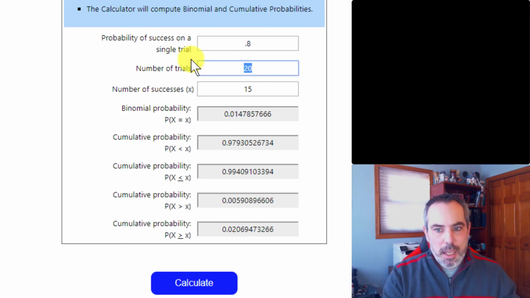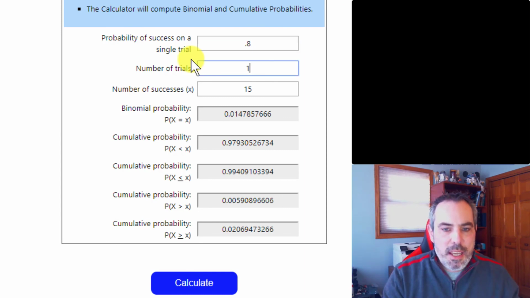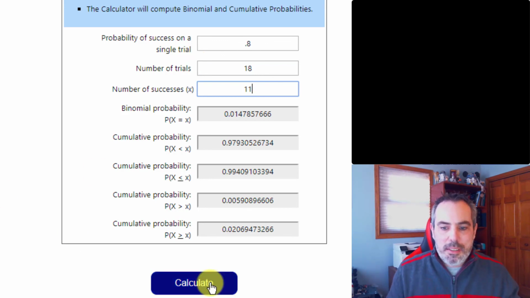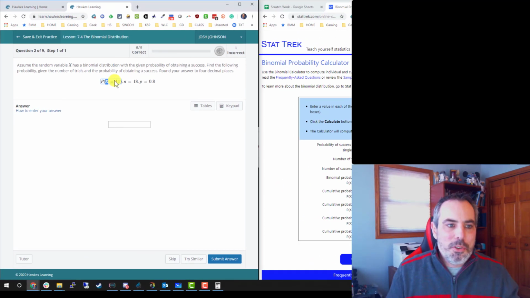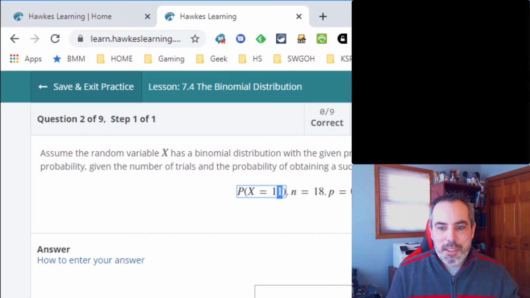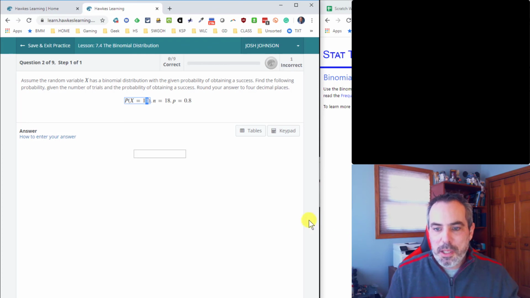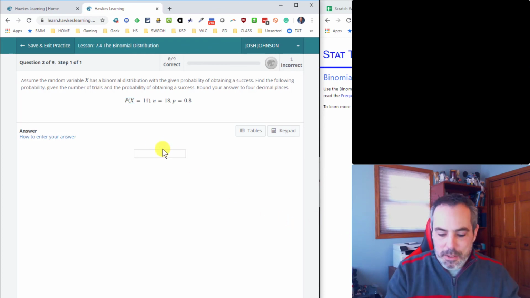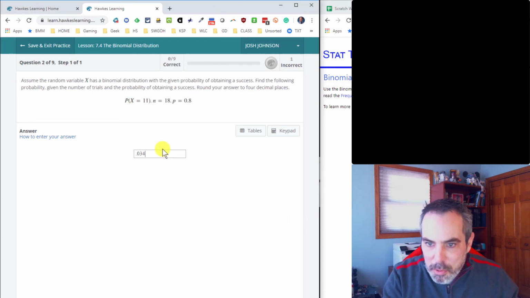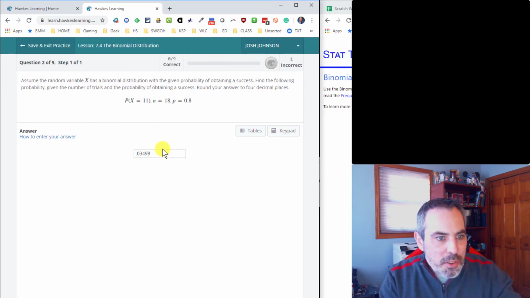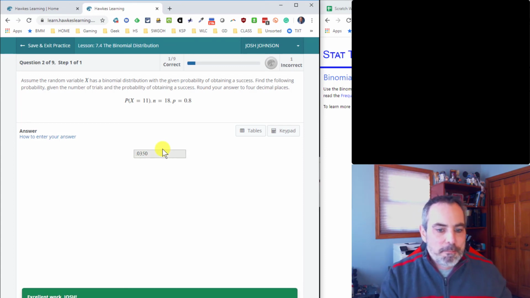Putting that in, 80% chance of success, 18 trials, 11 successes, and I want exact. The nice thing when they write it this way is you can see x equals 11. Here's x equals whatever it is. There's my answer. 0.03499. I have to round that off, so that's going to be 0.0350 if I'm doing 4 decimal places.